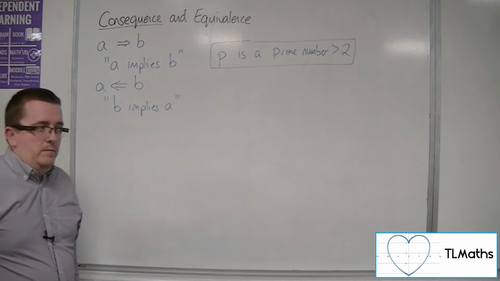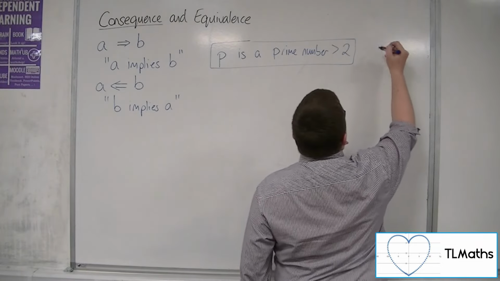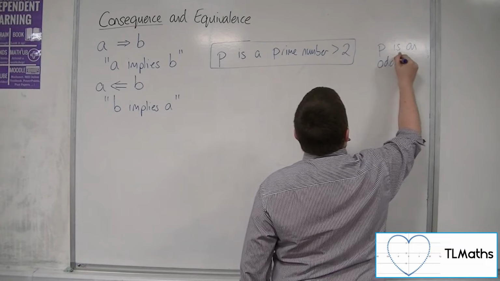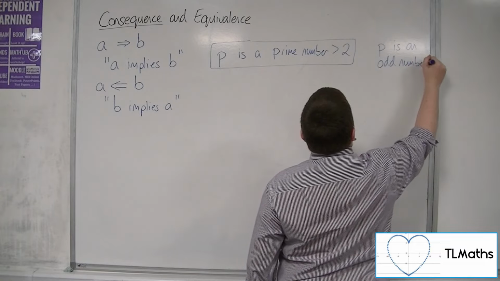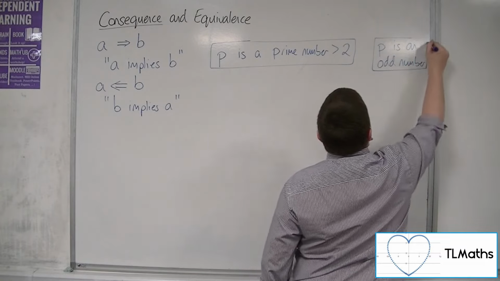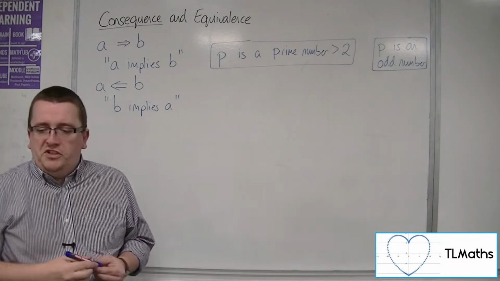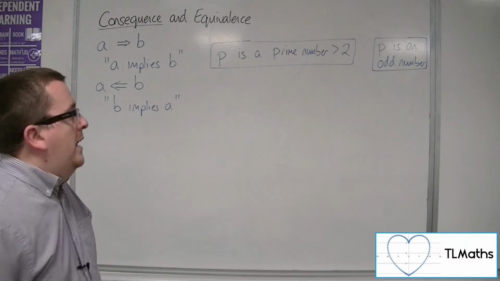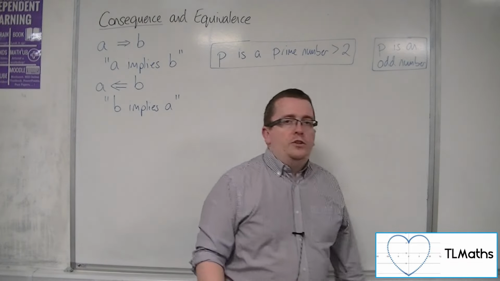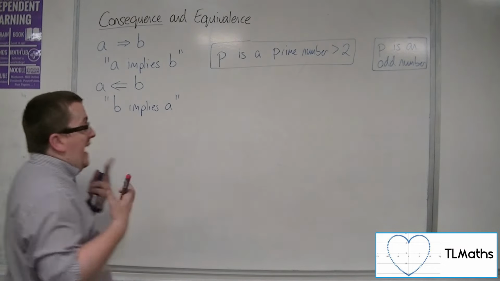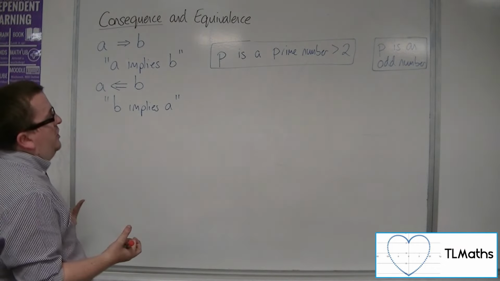The second statement says P is an odd number. Okay? So we've got these two statements. Now, which way should my arrow point? Okay? Or can I draw an arrow at all between these two?